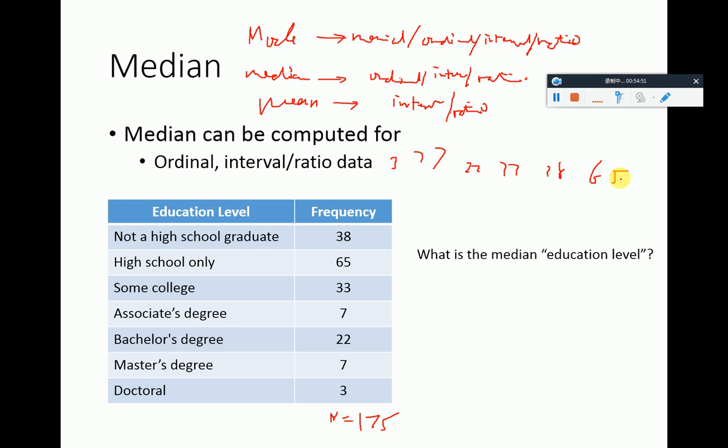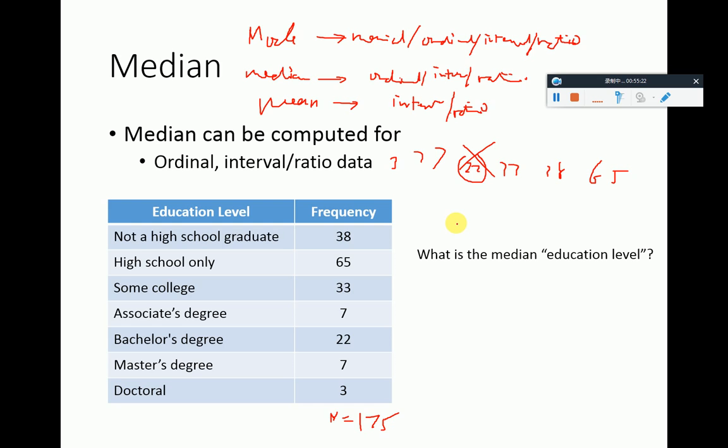Fantastic. We have an odd number of values, so the middle value should be 22. Isn't this the median? Because we have 7 values, right? This is the value right in the middle, and this is an ordered sample, so this is our median, and bachelor's degree. Answer is wrong.